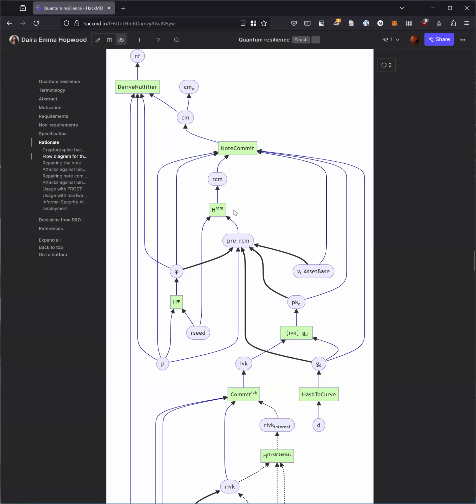But the reason that it would be good to deploy this alongside NU7 is that no one has generated ZSA notes yet. So if every wallet is uniformly doing this approach from NU7 on, from the upgrade that deploys ZSAs onwards, we as developers and maintainers of the specs can assume that every single non-ZEC note is quantum recoverable.